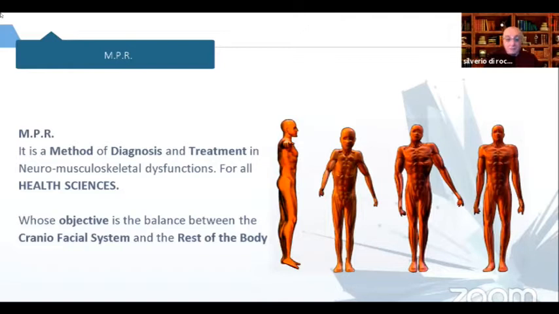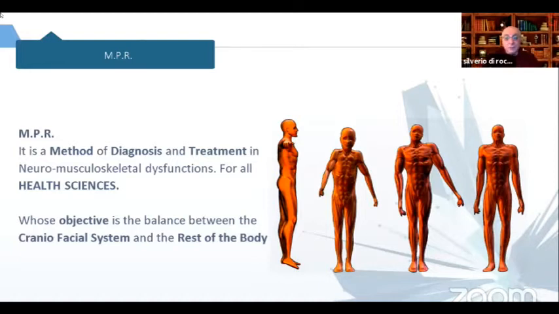M.P.R is a method of diagnosis and treatment for all medical sciences to treat neuromuscular skeletal dysfunction. When I say all medical sciences, all health sciences, it is because we cannot work alone.